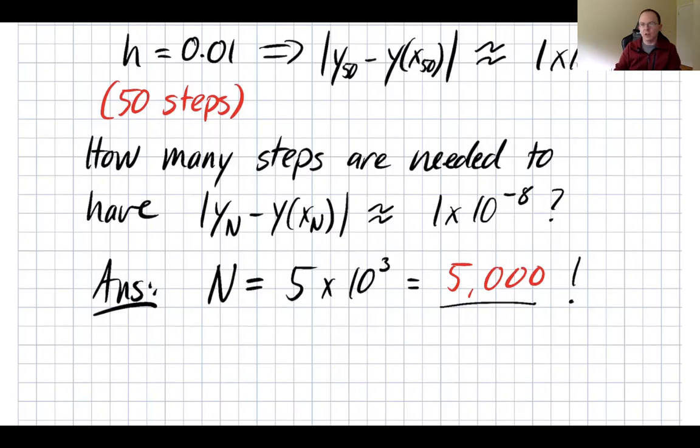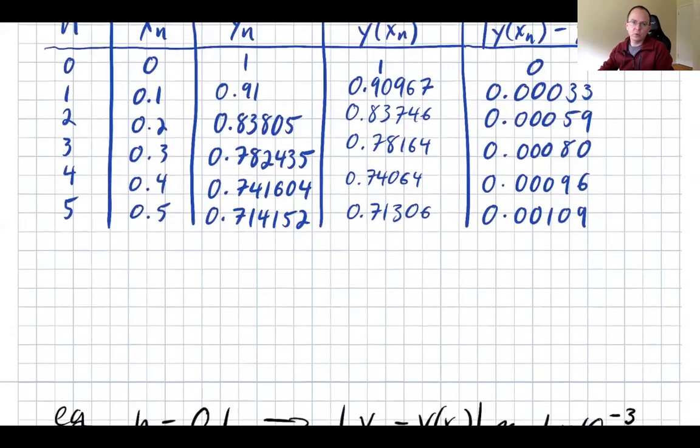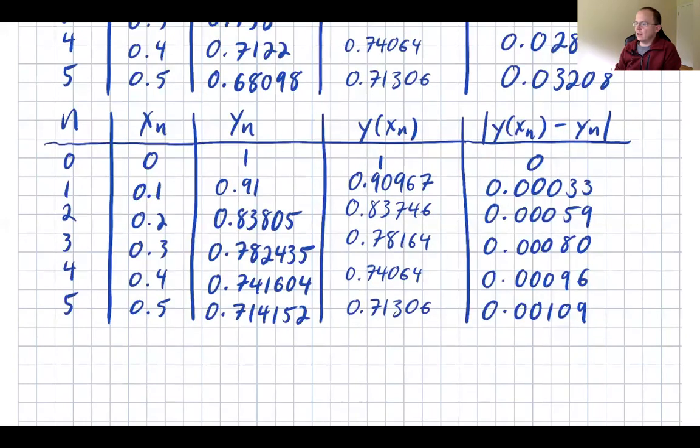I think that's a good thing to see, how you can get an approximation that is order 4. So Euler method is order 1, improved Euler method is order 2, and the Runge-Kutta method is order 4. Okay, so let us go over to Julia now, and let's see how good this approximation looks when we plot it, and how we can easily get Julia to do these calculations for us.